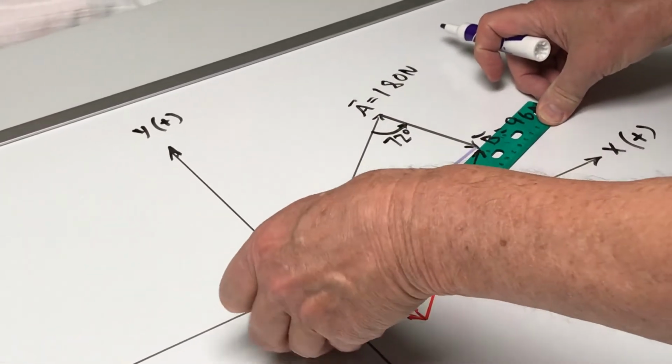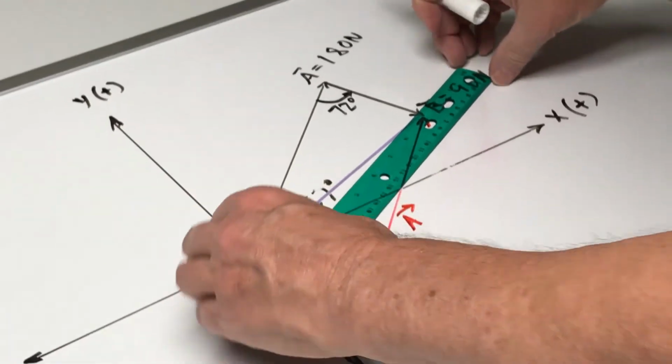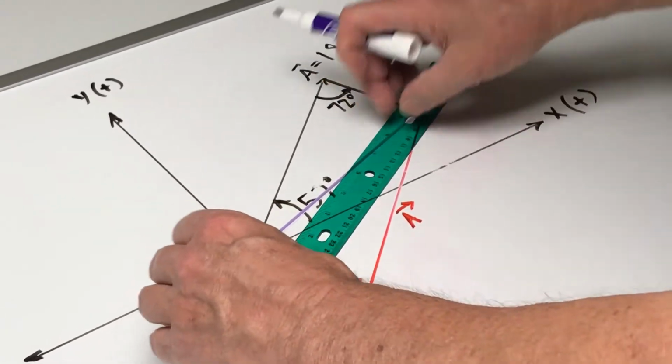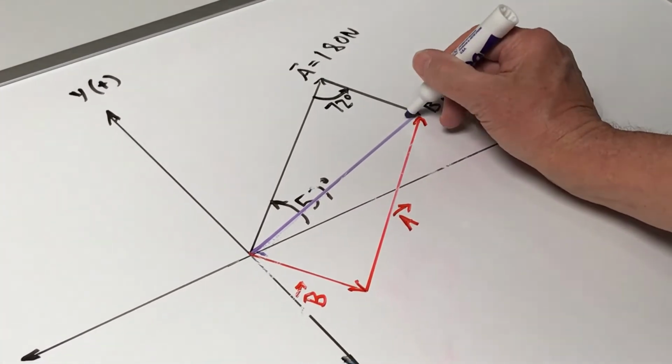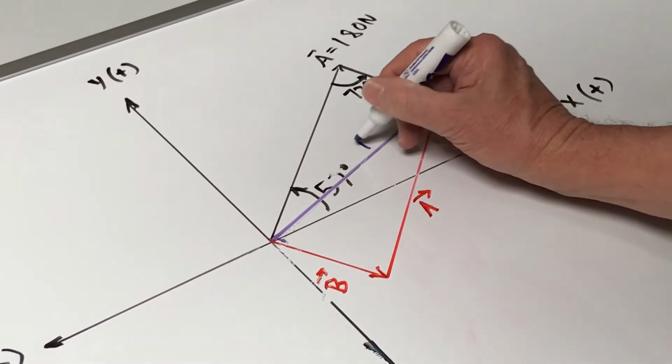And that diagonal that we draw is the resultant vector.